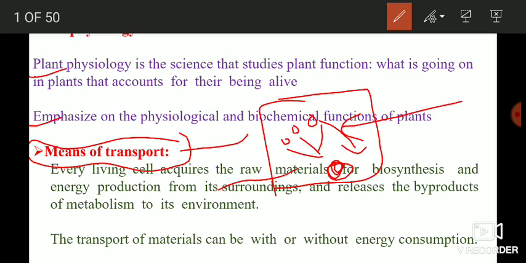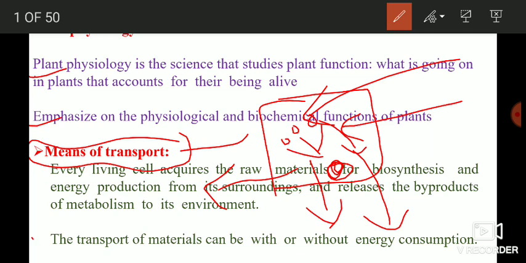The waste materials or byproducts that the cell generates during this process are released into the environment. That means the cell gets materials and produces organic compounds and energy. The waste products are released into the environment. This movement of materials into the cell and out of the cell is known as transport of materials.